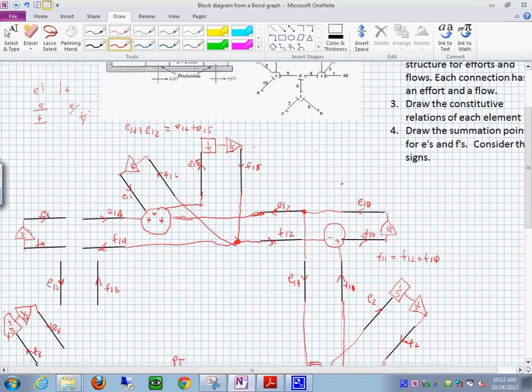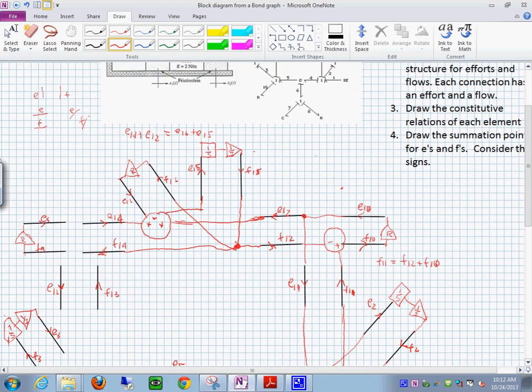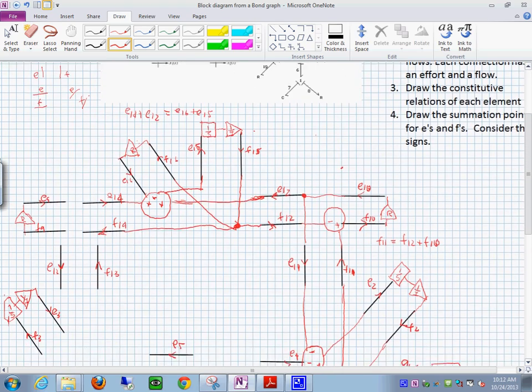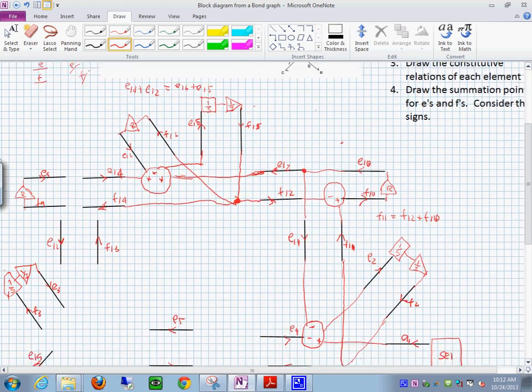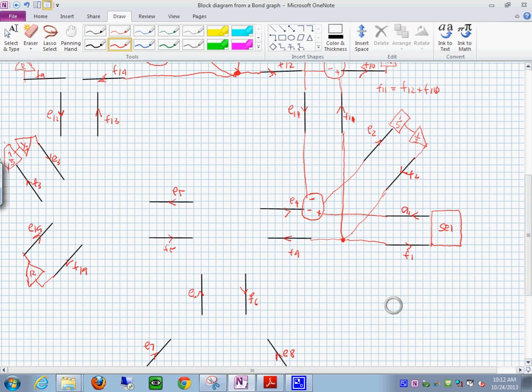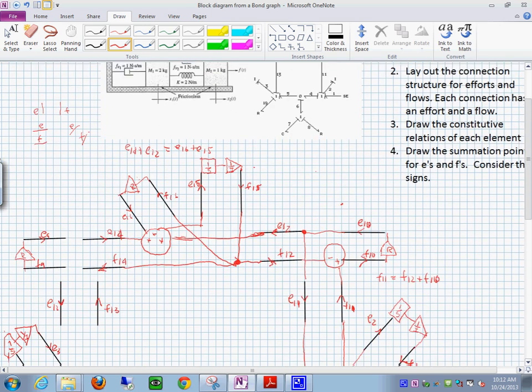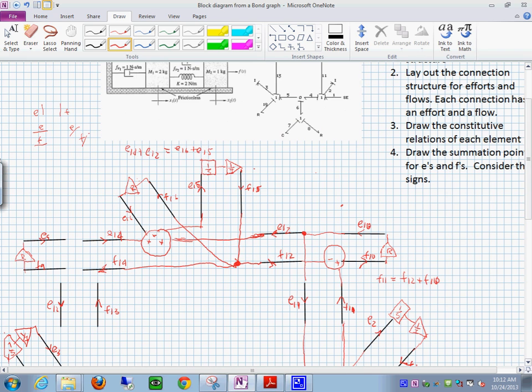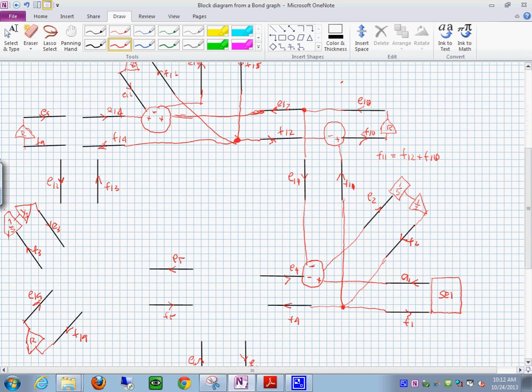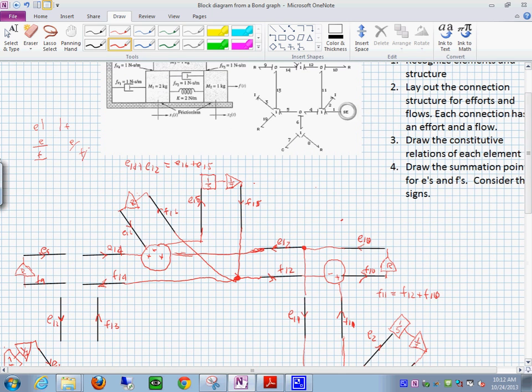We have to do the other connections. Let's just do the one on the bottom, which has all the flows the same. This one right here. I think we already did that one. This is the one.